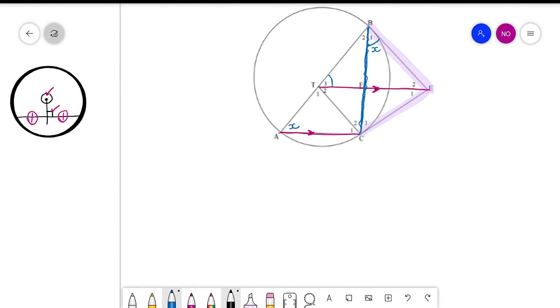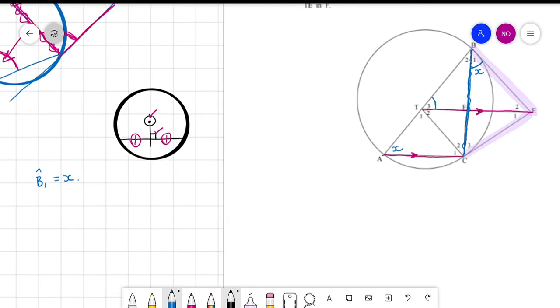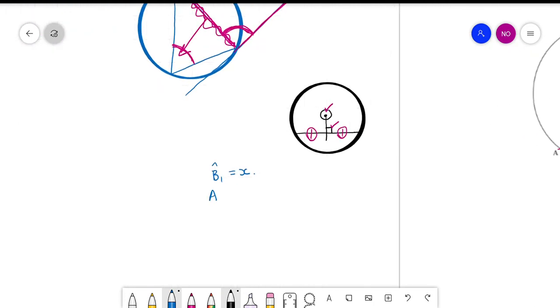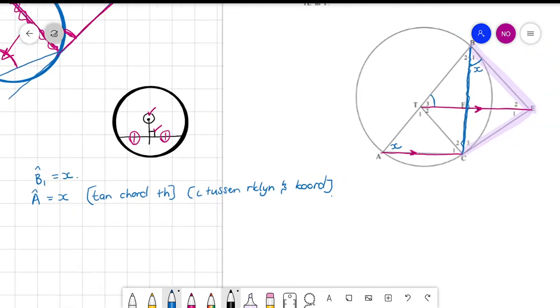Then that must be equal to this. Tan chord theorem. So die hoek tussen die raaklyn en die koord, as jy die koord gebruik as die basis van 'n driehoek, is gelyk aan die hoek in die teenoorstaande sirkelsegment. Okay, so now I have another angle equal to X.